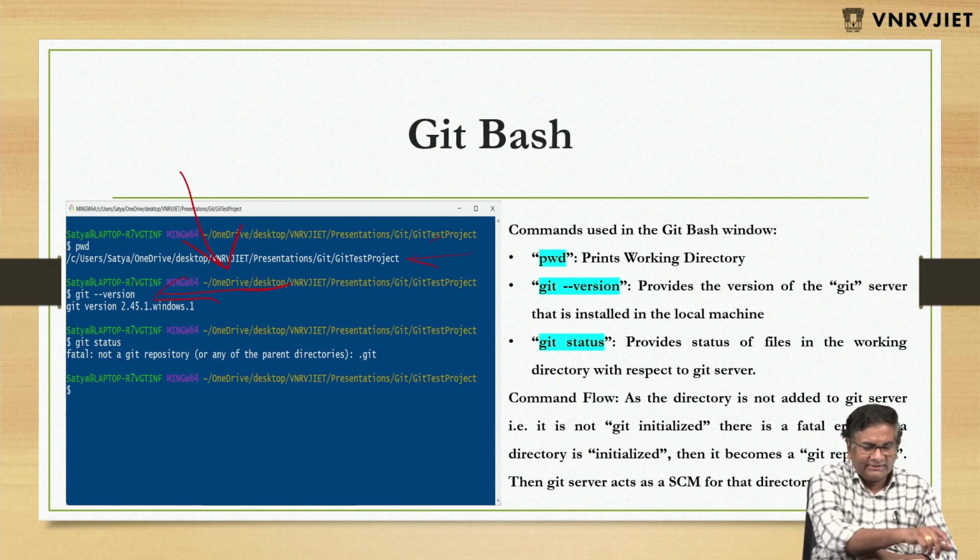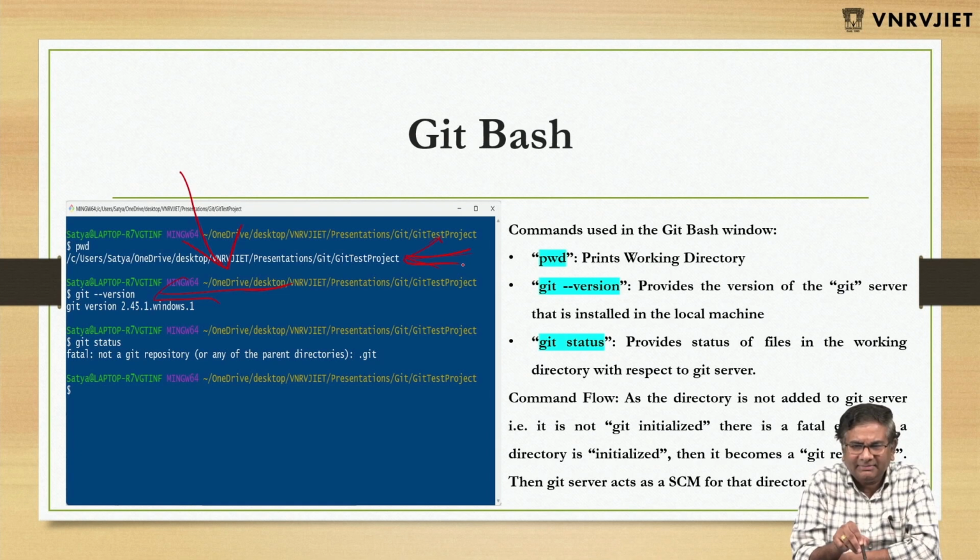That means this directory we are currently in is not a Git directory. That means Git doesn't know to store files in its server for versioning, for giving them back later if you want other versions. So we haven't established a relation between this location and the Git server.